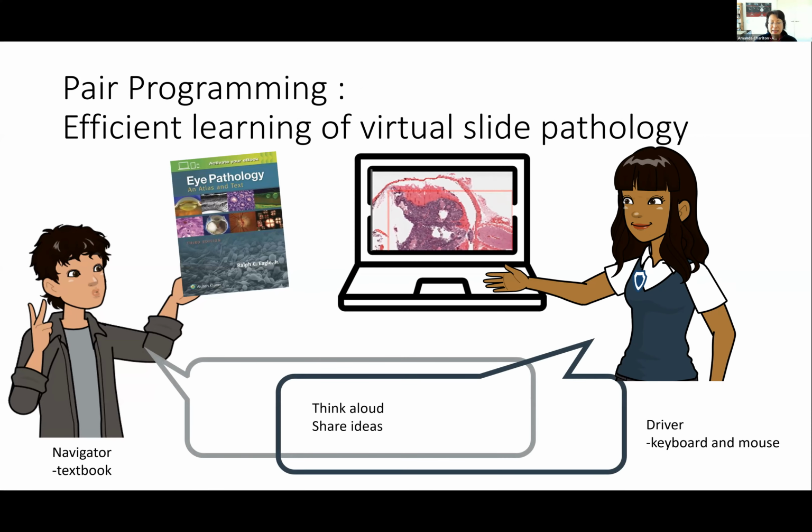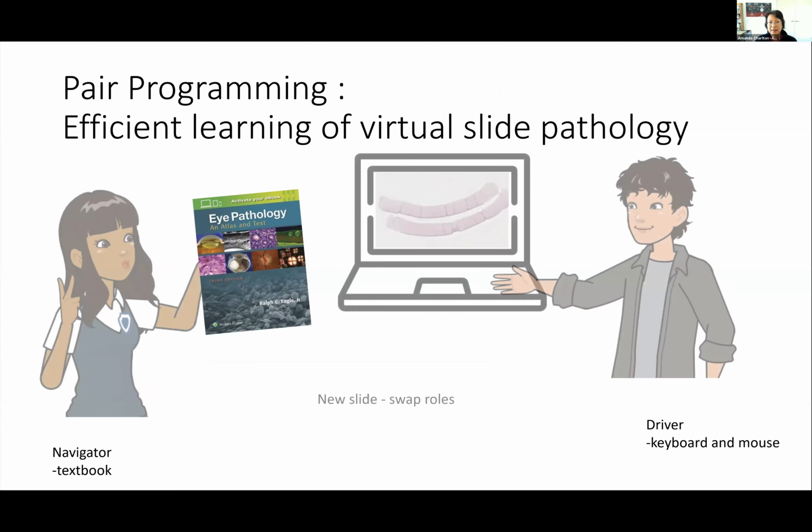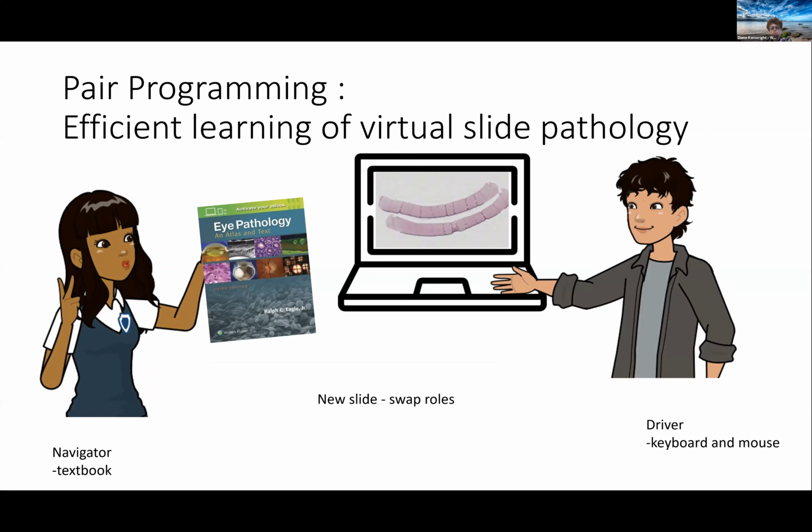You're both thinking aloud and sharing ideas, twice the amount of learning. So it's working together. And then for the next slide, you swap roles. Rena and Robert swap roles for the next slide, so you both get a turn at being a driver and a navigator.